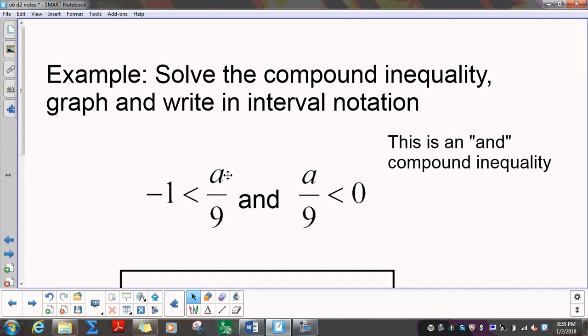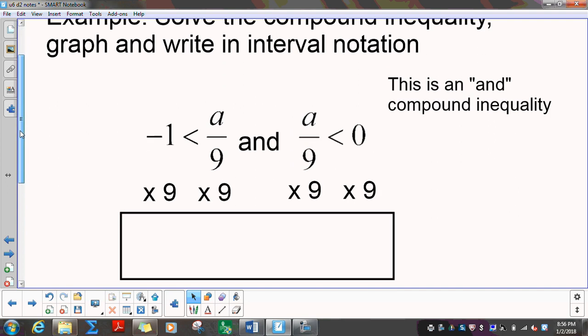And what that means then is that you are going to rewrite that middle term for both inequalities. So that means you just multiply everything, both sides by 9, do it on the other one as well, and it's going to give you your solutions.